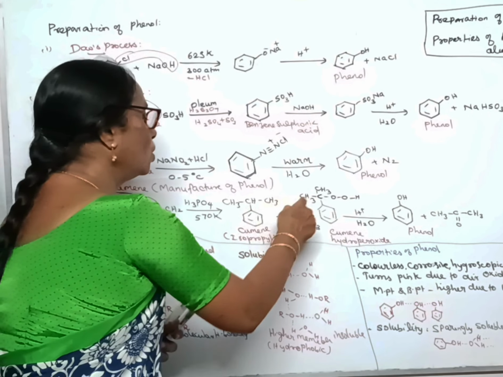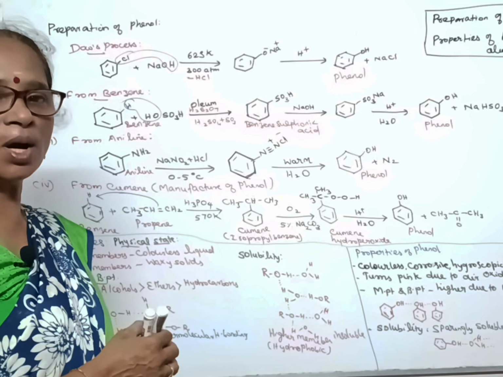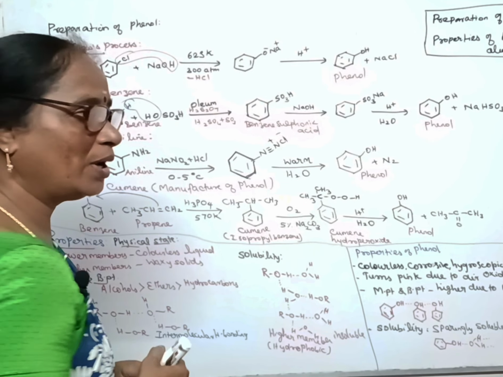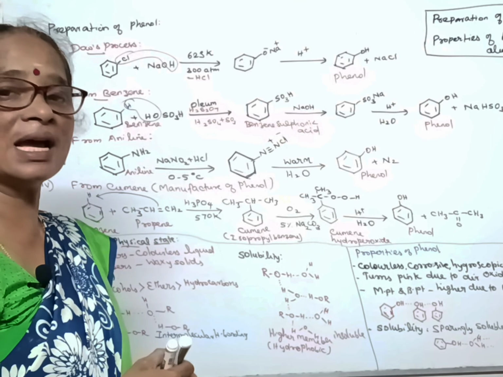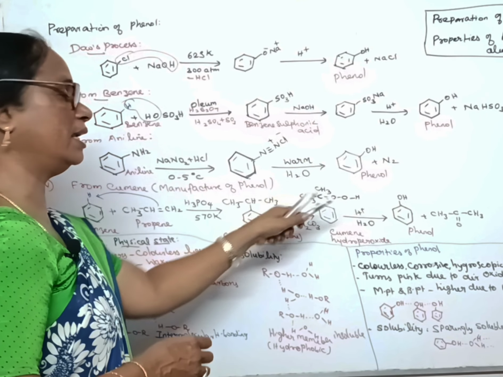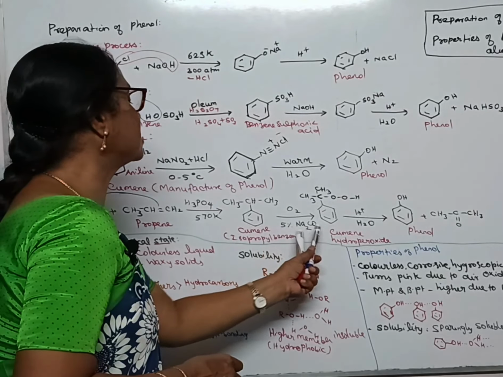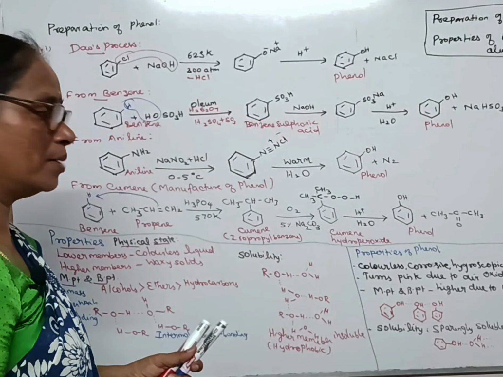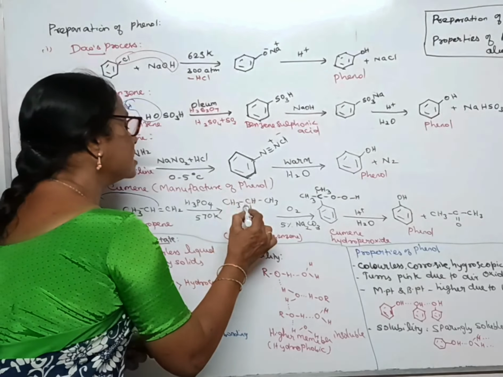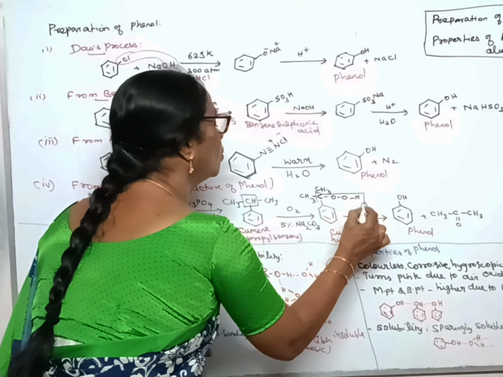This undergoes air oxidation. Air oxidation means we have to take molecular oxygen. Usually oxidation is carried out by nascent oxygen, but here it is undergoing air oxidation. That's why O2 is taken, and it is possible in presence of the weak base sodium carbonate, where the CH group is converted into COOH.